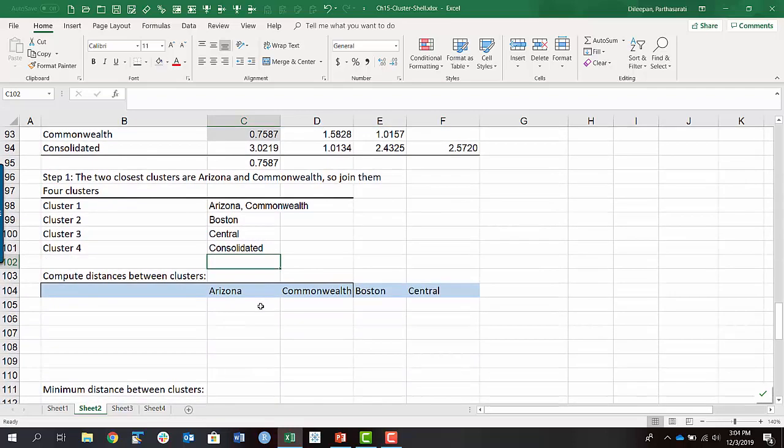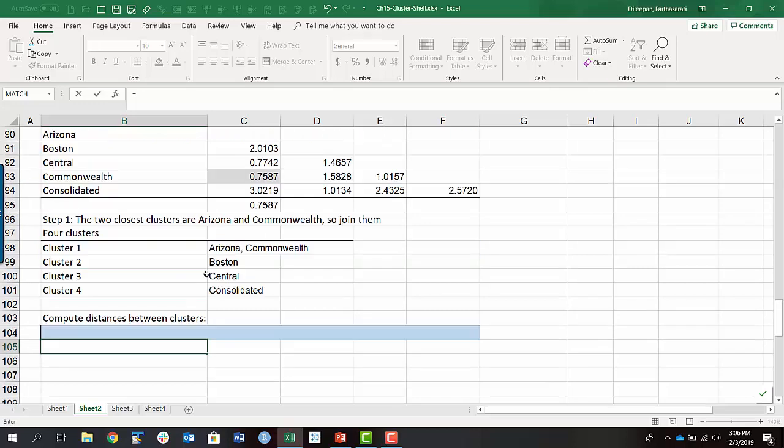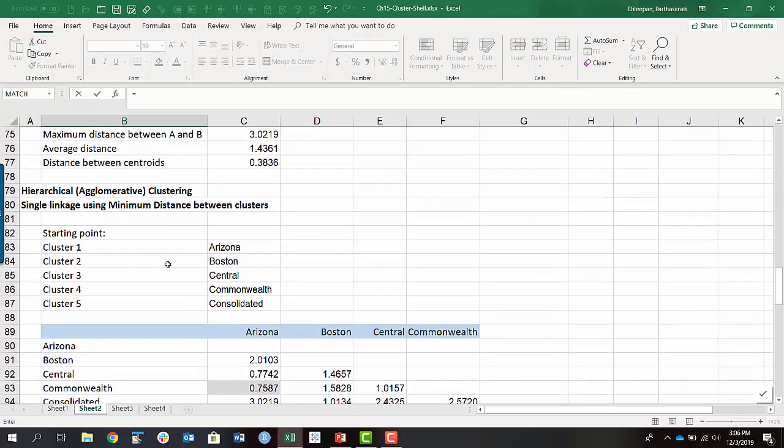Now we have to compute the distances between the clusters. Let's set up the distance matrix, and the distance matrix is here.